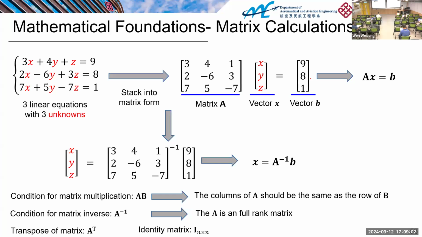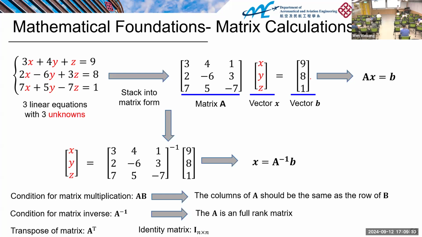For example, some conditions for the matrix multiplication. If you want to do matrix multiplication between A and B, the columns of A should be the same as the rows of B. Okay, from your linear algebra, you should have learned this. And also the condition of the matrix inverse: A is a full rank matrix.